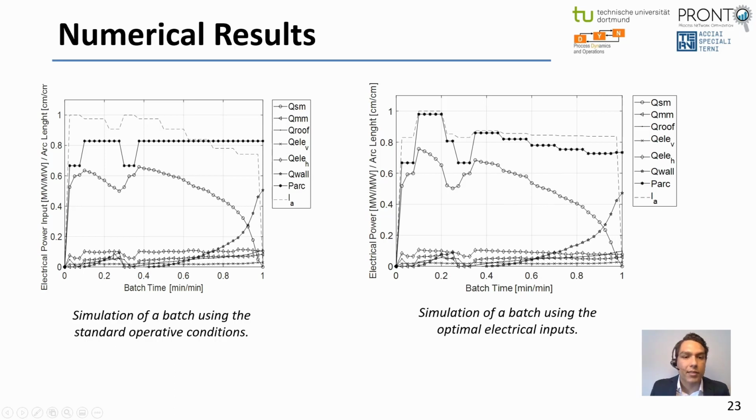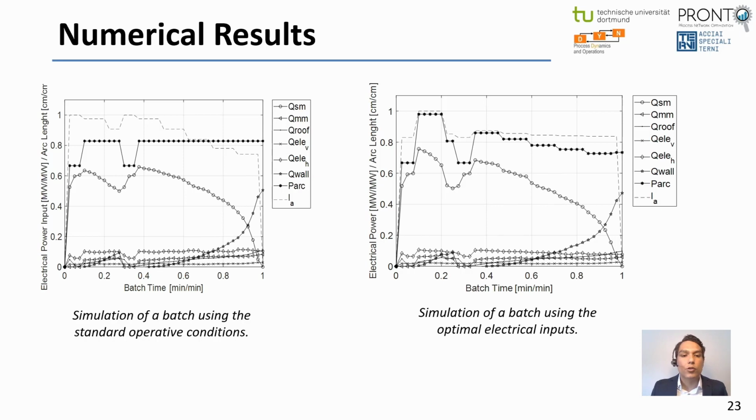The diamonds represent the energy that arrives to the electrodes. The crosses represent the energy that goes to the lateral part of the electrodes. And finally, the dotted points that are actually hidden behind the triangles represent the energy that arrives to the roof directly from the arc itself.